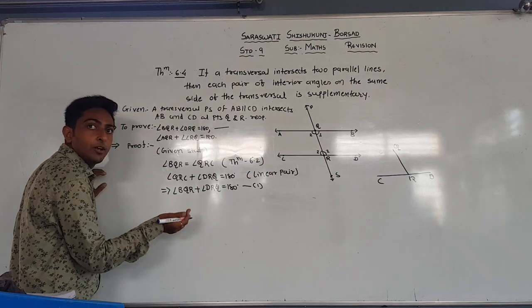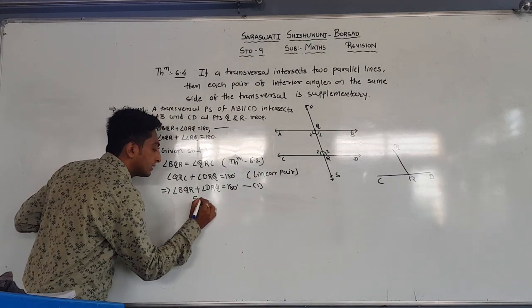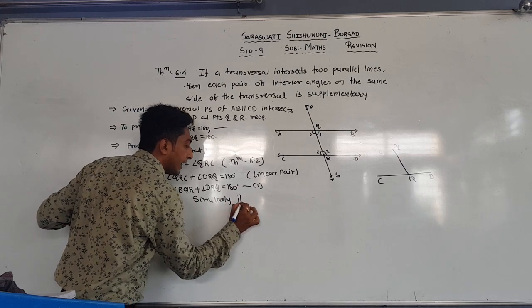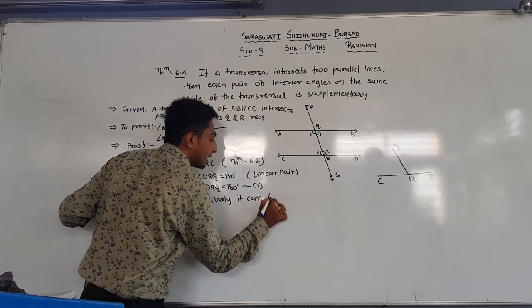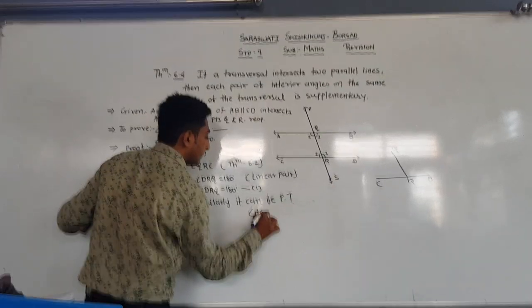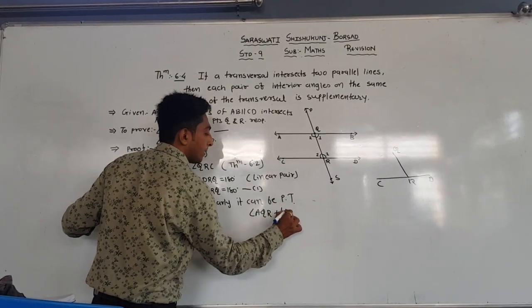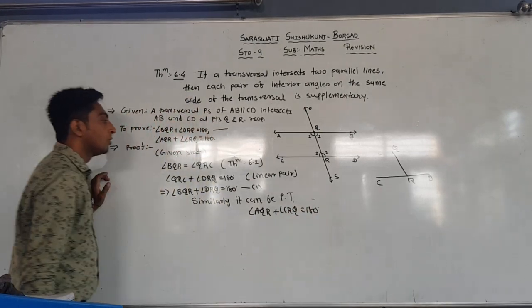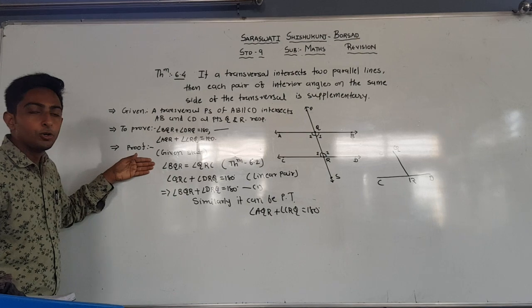And the next one we need not do. Similarly, it can be proved that AQR plus CRQ equal to 180 degrees. So what did we use here?